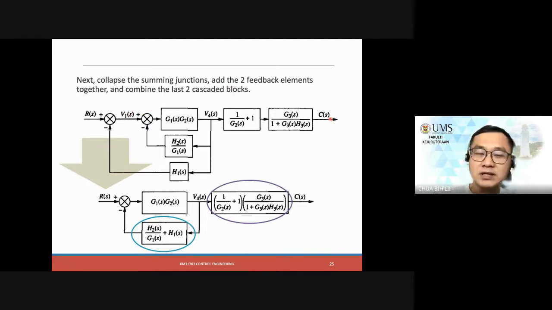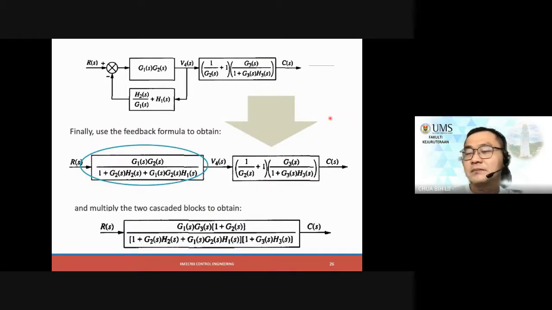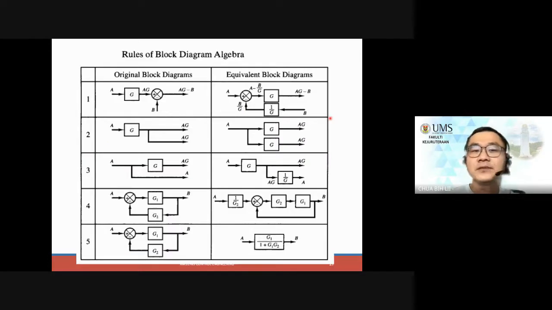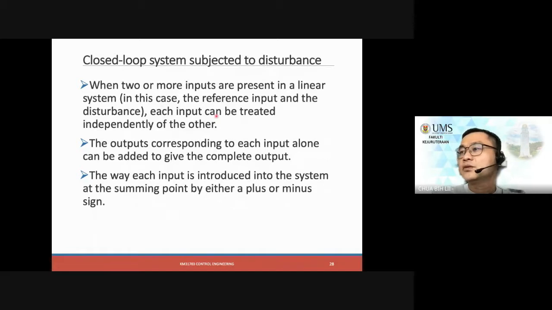That's why we need this kind of simplification, to help us deal with all the different directions of signal coming from inputs, or from disturbance, or from multiple inputs to our system. When two or more inputs are presented in a linear system, each input can be treated independently. So this is our idea on how we can deal with disturbance.